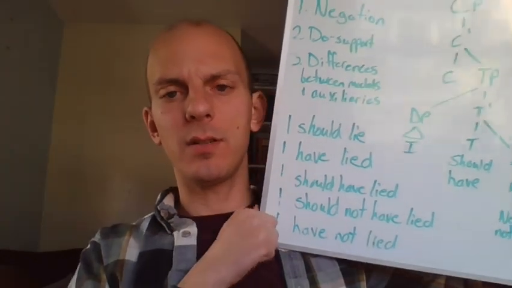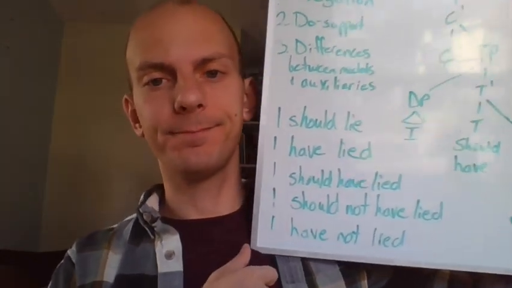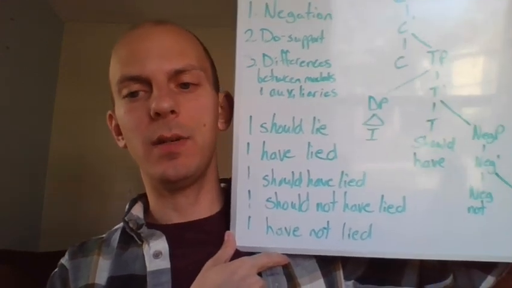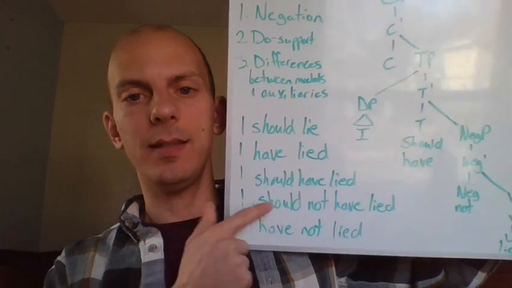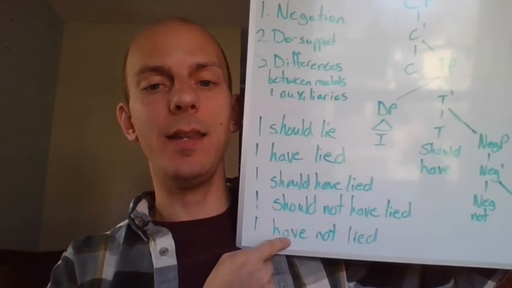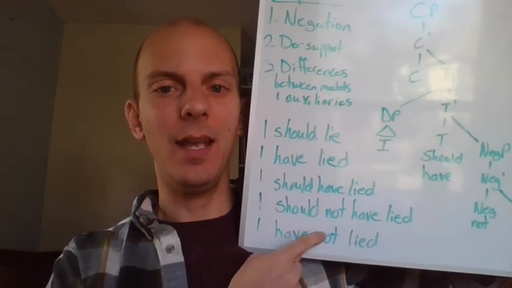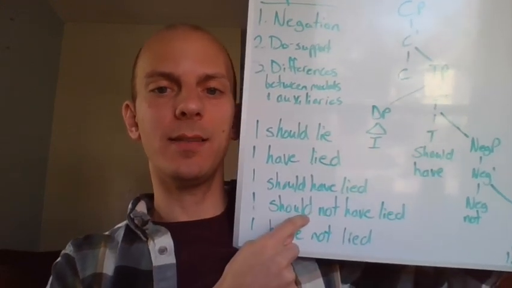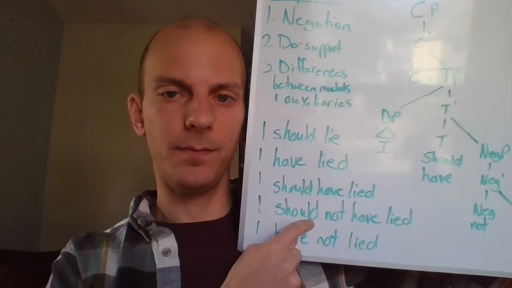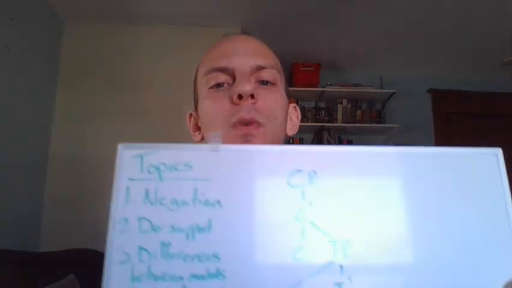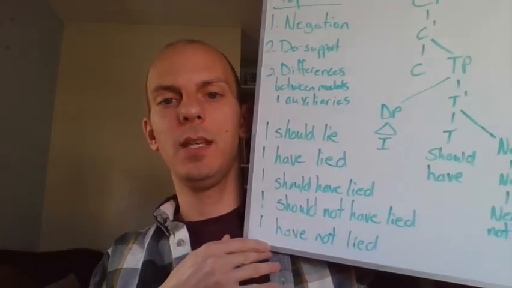What determines whether it's lower or it's higher? Take a second, you can always pause if you need to think about that. What separates this is that it's higher when there's nothing else in T, when T is empty, and it's lower when T is already filled. This tells us something about auxiliaries versus modal verbs. And what it tells us is this.